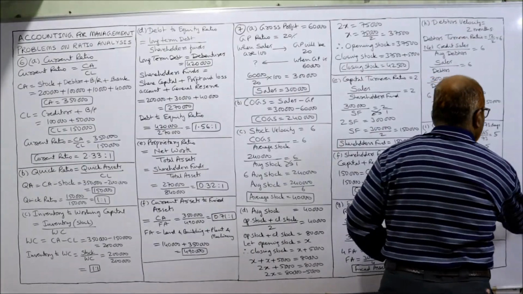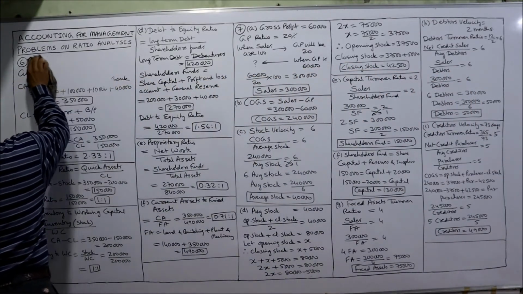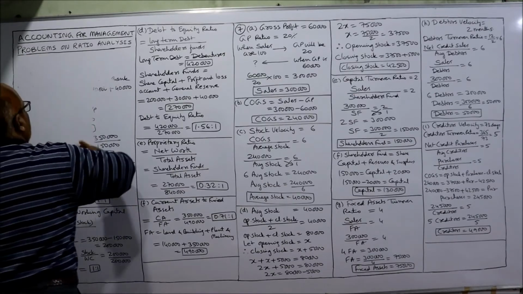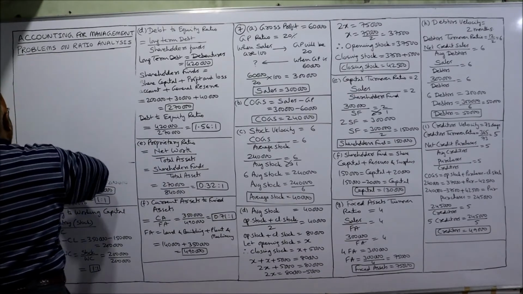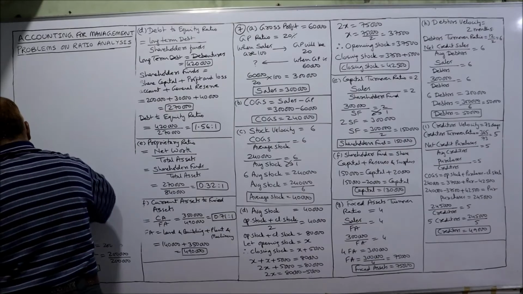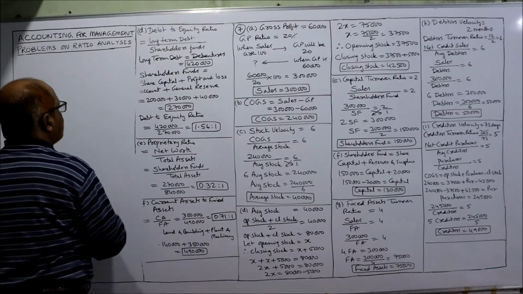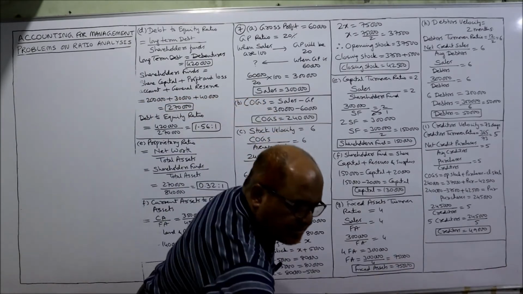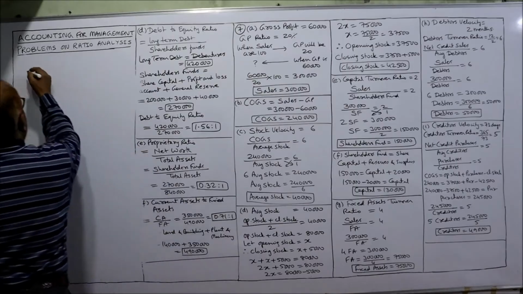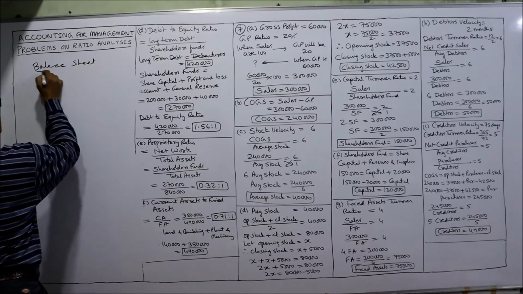Now, how to make the balance sheet? Here I am showing you. So, balance sheet consists of assets and liabilities. So we will take all the assets and all the liabilities. See here. So this is the balance sheet.